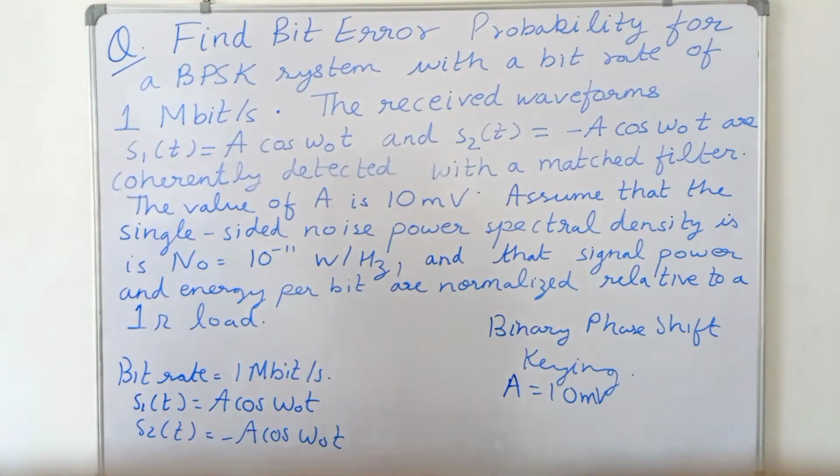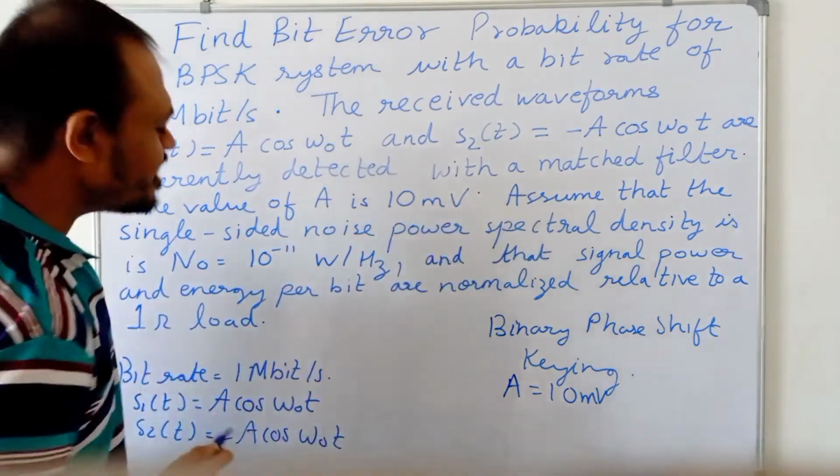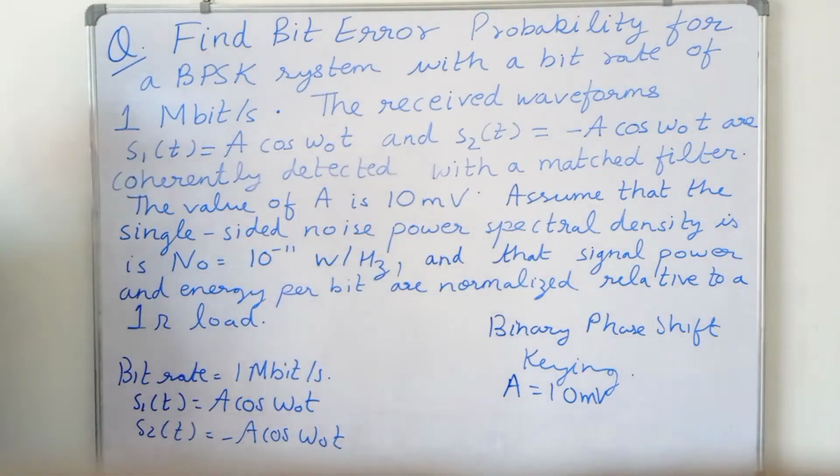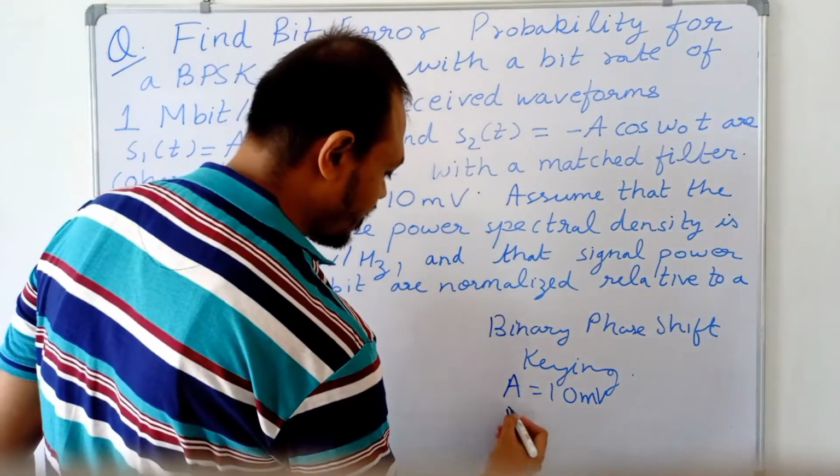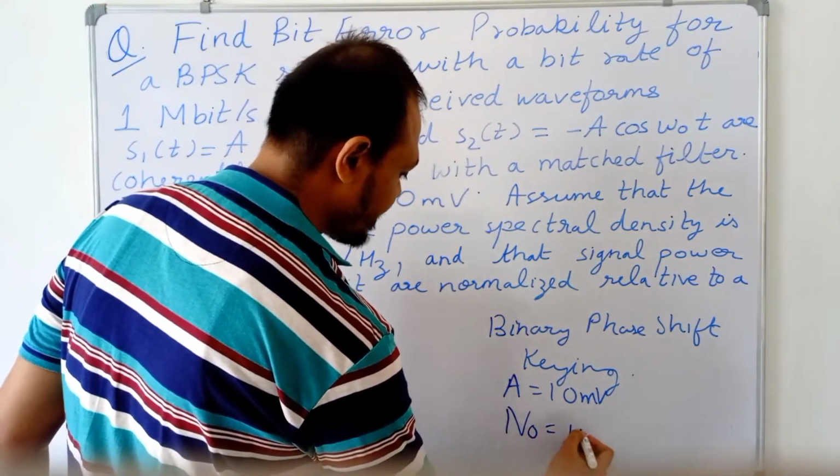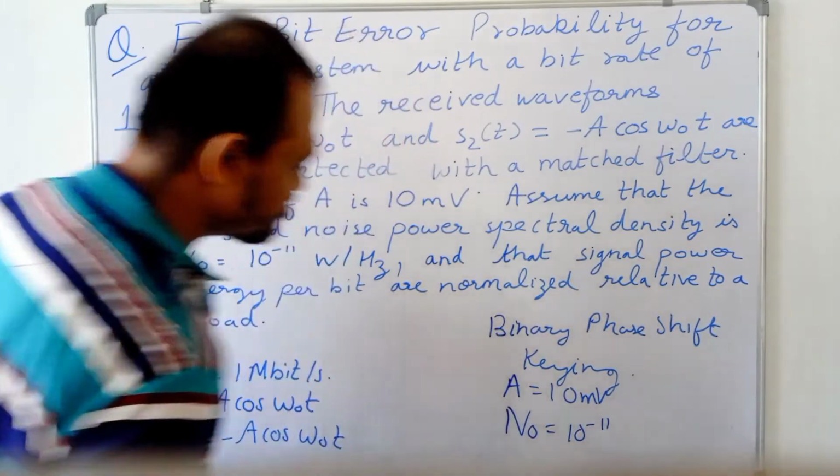Now it is given that the single sided noise power spectral density is N naught equal to 10 to power minus 11 watt per hertz.